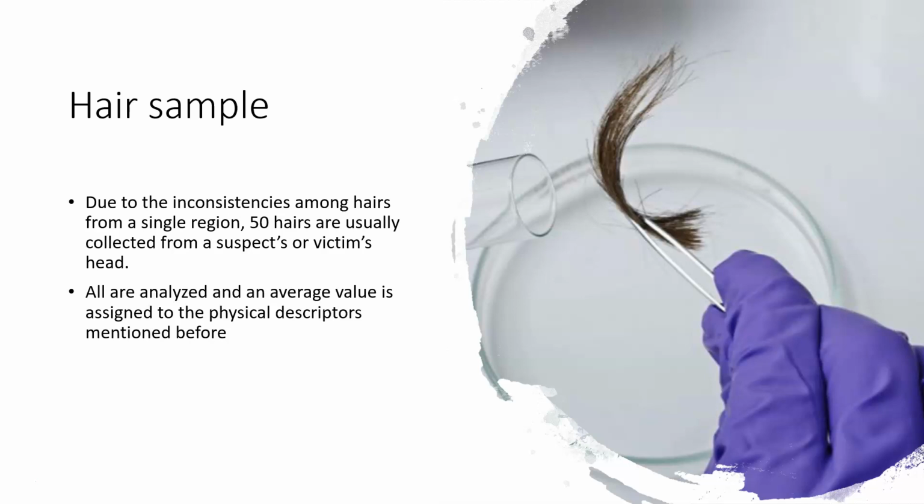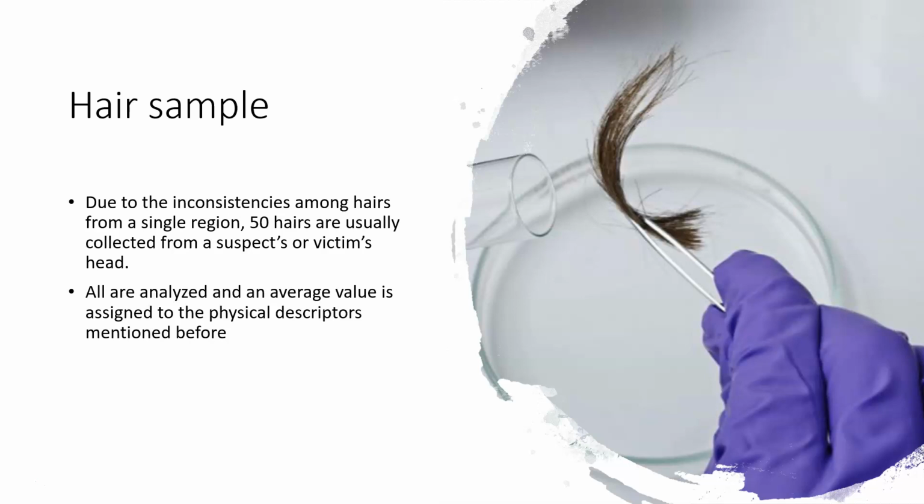So, the first thing that you have to be familiar with is what a typical hair sample consists of. And it's really important due to the inconsistencies among hairs that we talked about in the previous video, in that the medulla type could fluctuate between different locations on the body. The thickness could fluctuate a little bit.